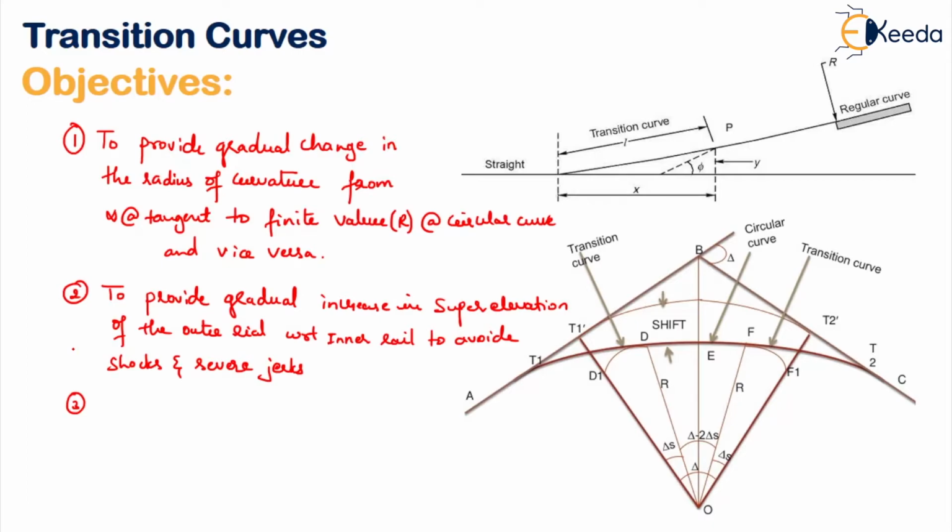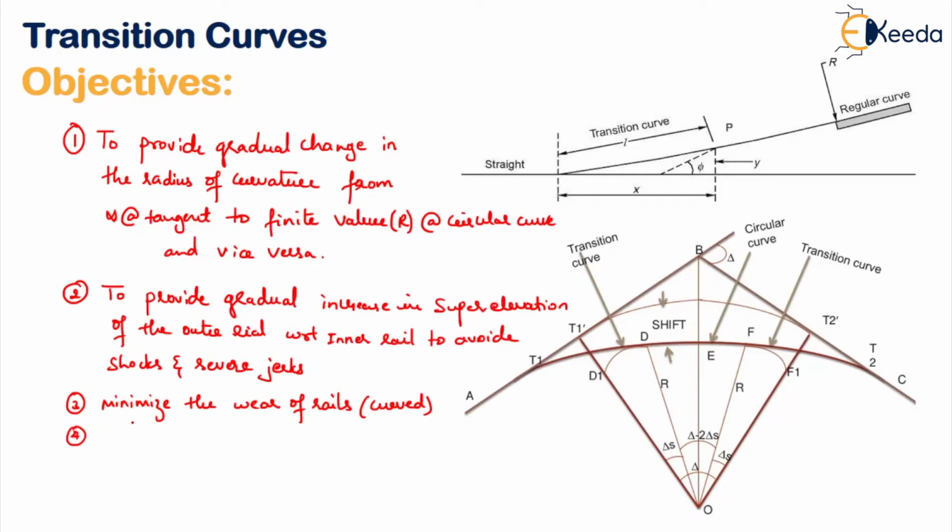Then the third objective is to minimize the wear. We know that railway tracks are going to wear, especially in the curved regions. So in order to reduce the wear in the curved portions, we have to go for transition curves.